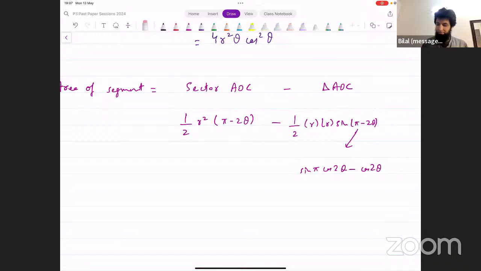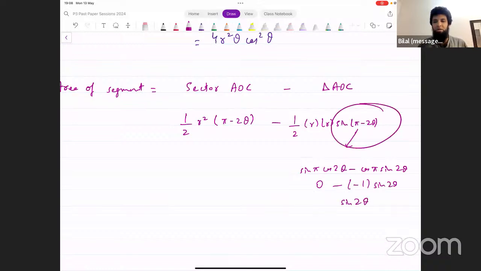Sine pi cos 2 theta minus cos pi into sine of 2 theta. Sine pi is 0, so it becomes 0 minus cos of pi, which is minus 1, into sine of 2 theta. And that gives you sine of 2 theta. So sine of pi minus 2 theta can be written as sine of 2 theta.